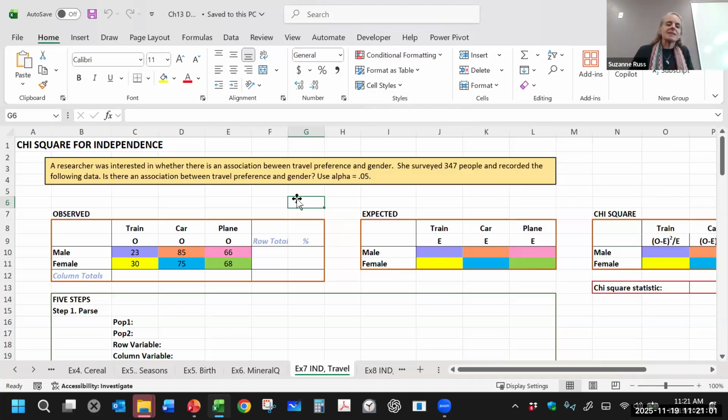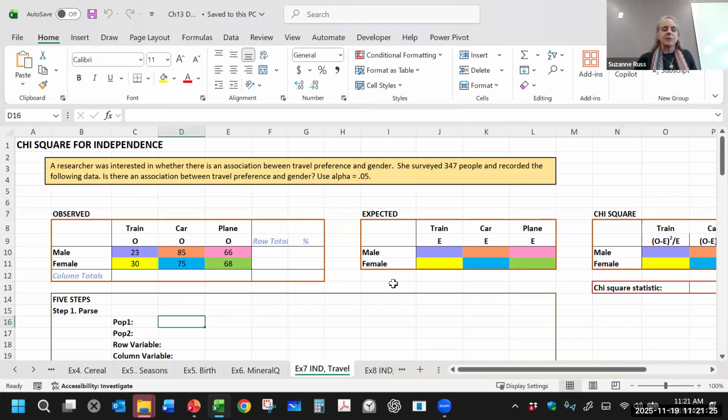The way it's set up here, since we're not setting it up the same way as we do in the hand calculations, we're going to have all our observed values here. You can see this is our observed table, our expected values here, and then our chi-square calculations here.